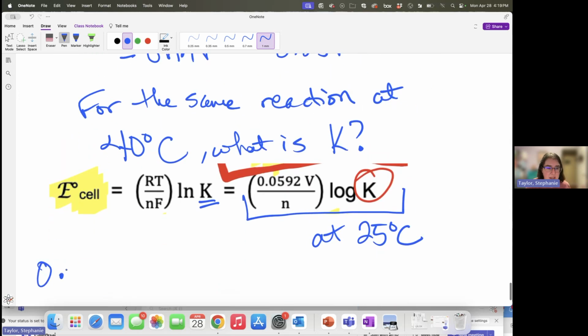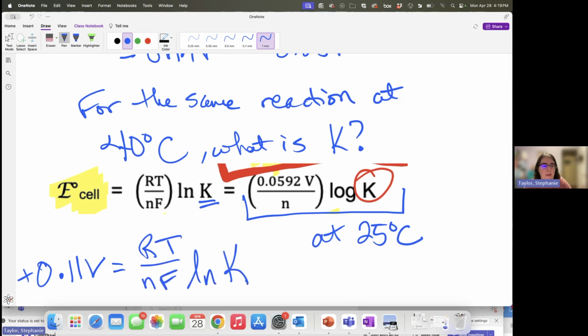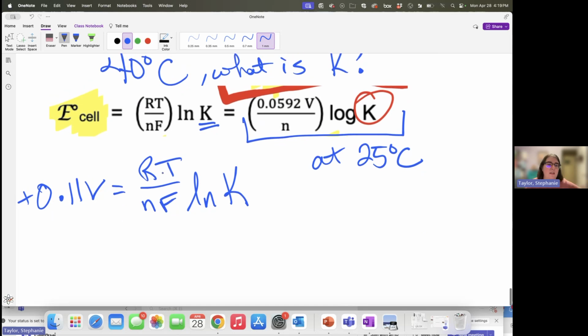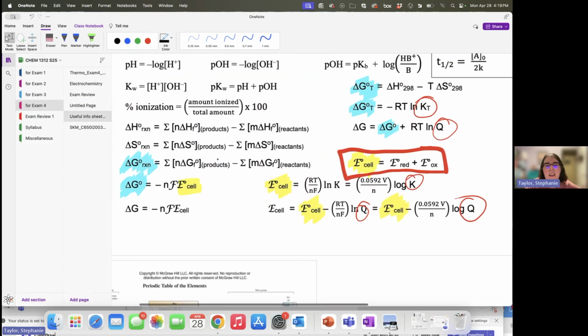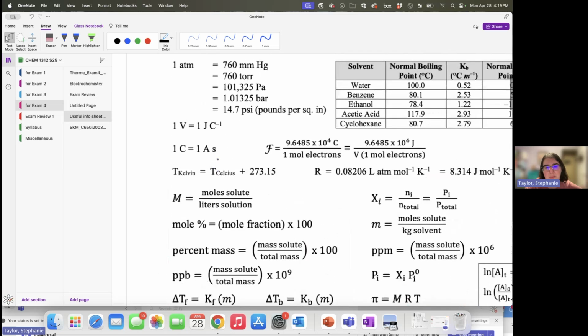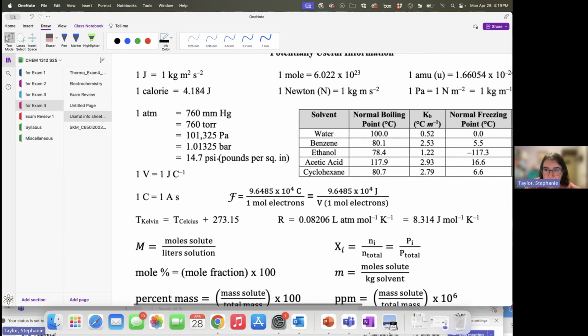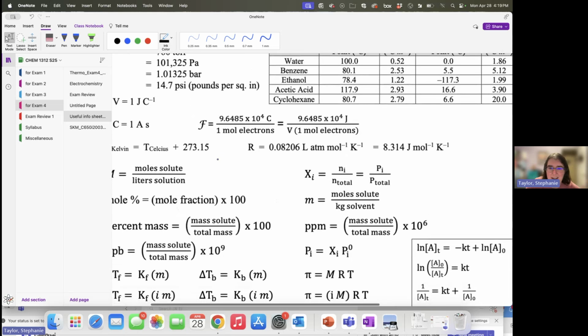That can also take a fair amount of time, but we already have that one. And then I have R, T, F, the natural log of K. In order to solve for this, I have all of these lovely little variables in here. So I have positive 0.11. R is the gas constant. I'm going to find the gas constant on the potentially useful information page to show you. Look, there it is.